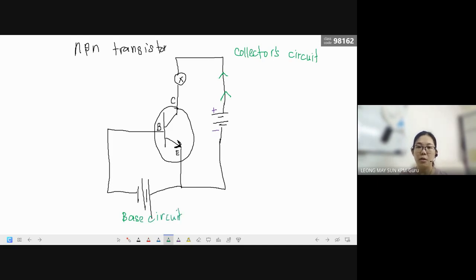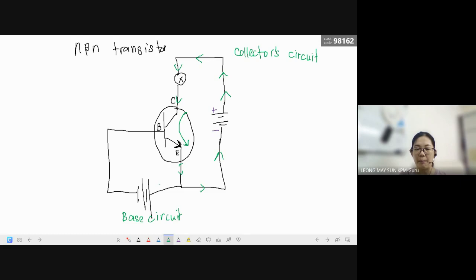Okay, so current flows from the positive terminal. When it reaches the transistor, the current will move in this direction, the same direction as the NPN transistor's arrow. Then it will move back to the negative terminal at the collector circuit. Okay, that is for the collector circuit.